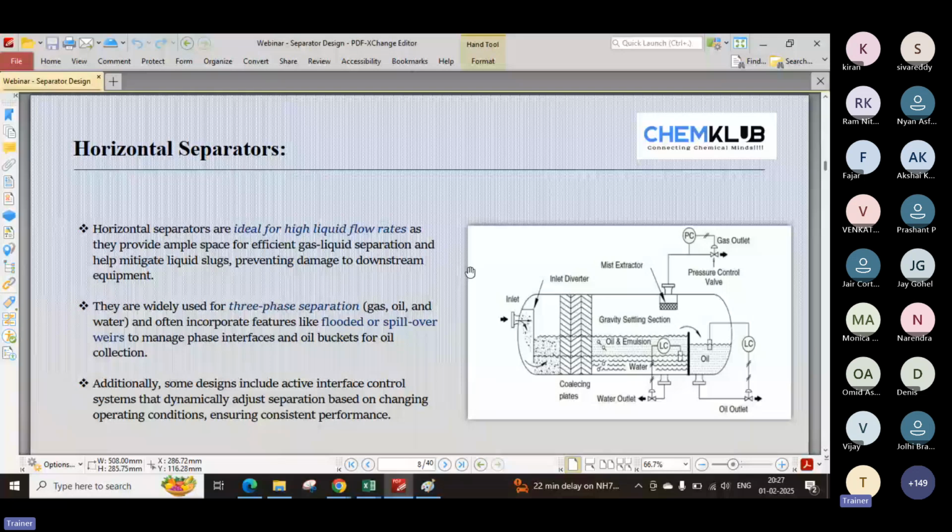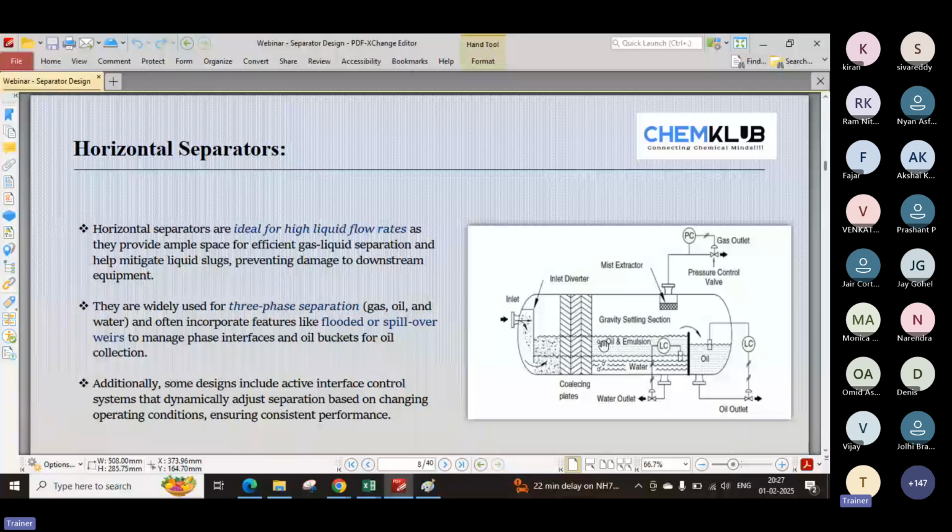Here you can see it has an inlet. It is typically a vessel. A separator is nothing but a vessel, and being a chemical engineer, you have to size the dimensions: what would be the ID, the length of the separator, and the level settings. That is how you get the dimensions of a vessel. So it's done with the sizing.